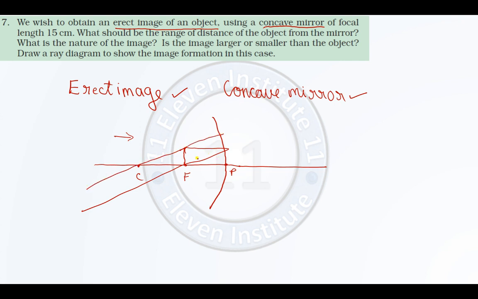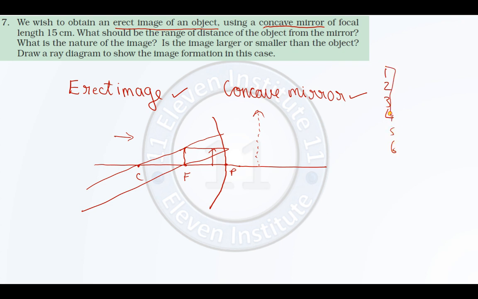But what happens when you keep the object between focal point and pole? You will obtain an image on the other side of the mirror, which is virtual and erect. Which type of image? Virtual and erect. So in a concave mirror we have 6 positions of the object.